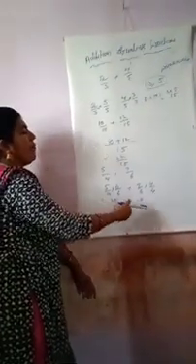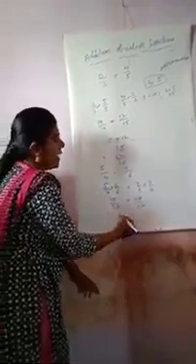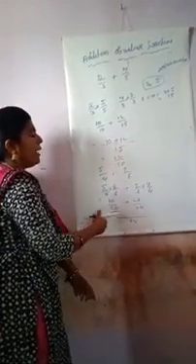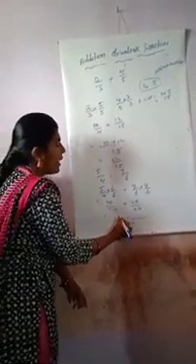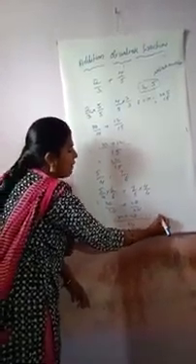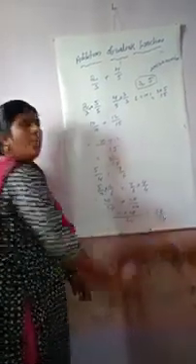So these two fractions are like fractions. Children, the denominator is 24, the numerator is 30 plus 28. How much? 58 by 24. Okay? To understand.